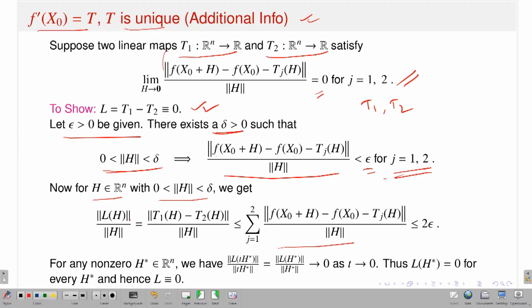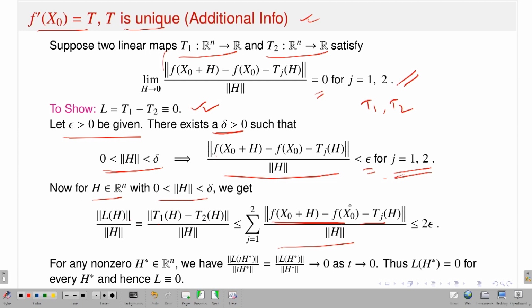How do I get that? This is easy, you just add and subtract. I have T1h minus T2h, so you add and then subtract, and combine f of x naught plus h minus f of x naught minus T1h, and f of x naught plus h minus f of x naught minus T2h. If you do that, it will be true.